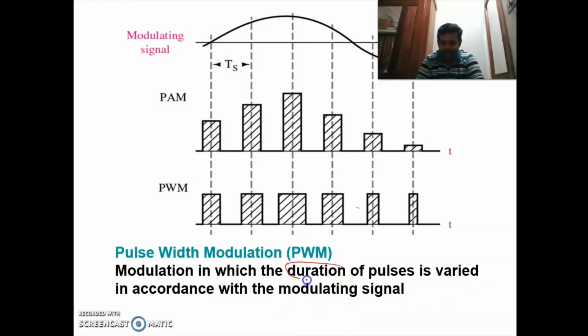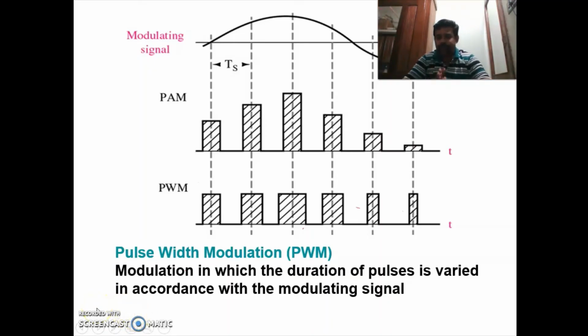Duration is nothing but width. This is the duration. Here duration is less. Here more duration it is having. So the duration of the pulse is varied in accordance to the modulating signal. Another name of pulse width modulation is pulse duration modulation.